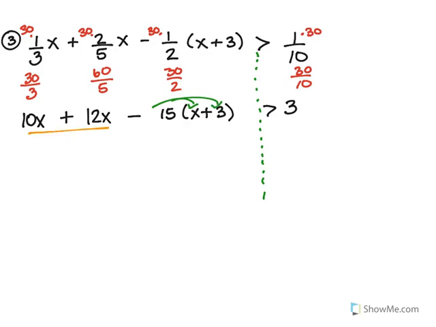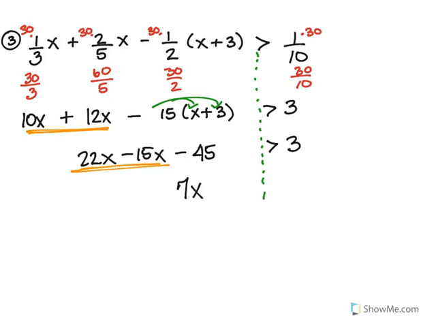So combining 10x plus 12x will make 22x minus 15x minus 45 is greater than 3. So we're going to combine 22x minus 15x is 7x minus 45 is greater than 3.